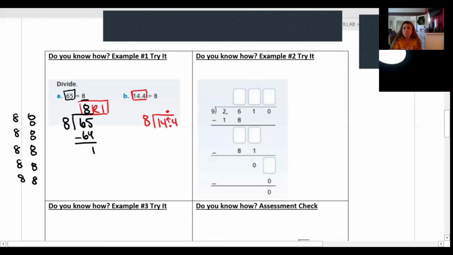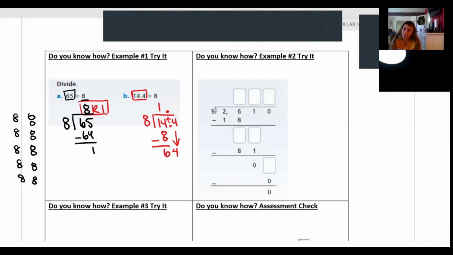How many groups of 8 get into 14? Well, we can only fit one group of 8 because 8 times 2 is 16, and that's too much. So 14 subtracted by 8 is 6. 8 can't fit into 6, but we still have a value in 14.4, so we could bring that 4 down. 8 goes into 64.